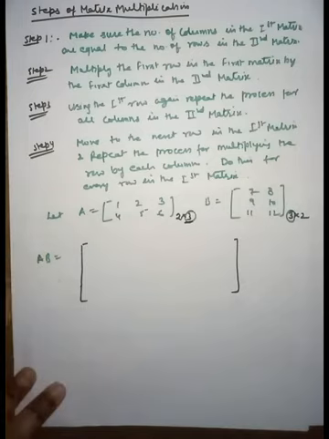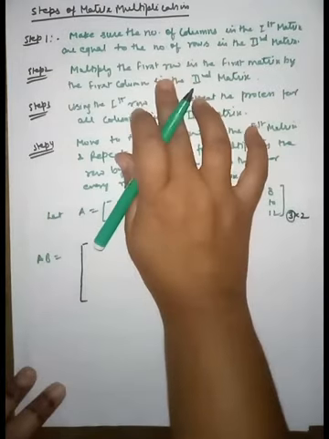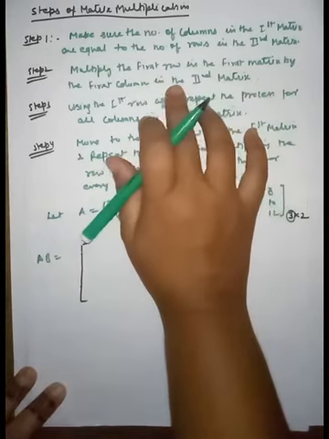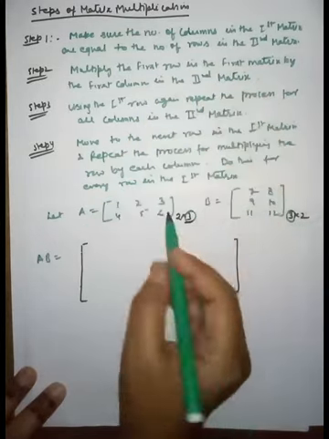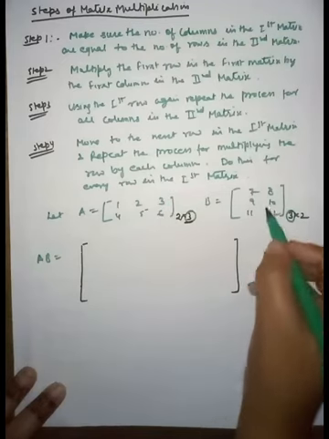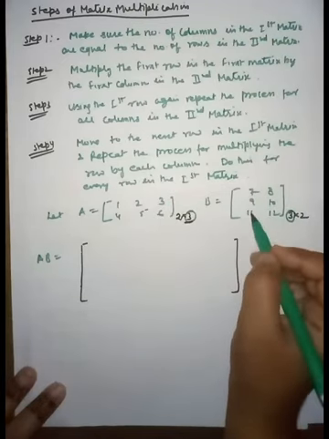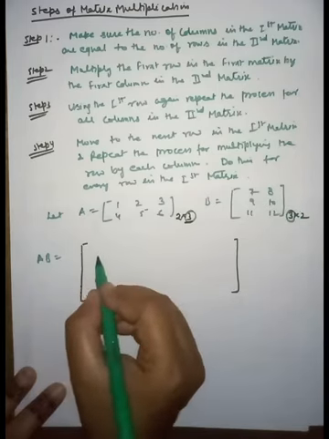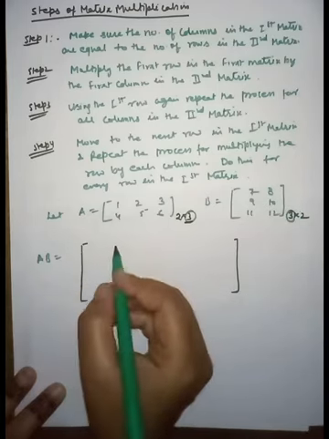Now you see friends, second step, multiply the first row in the first matrix by the first column in the second matrix. Now multiply and add.